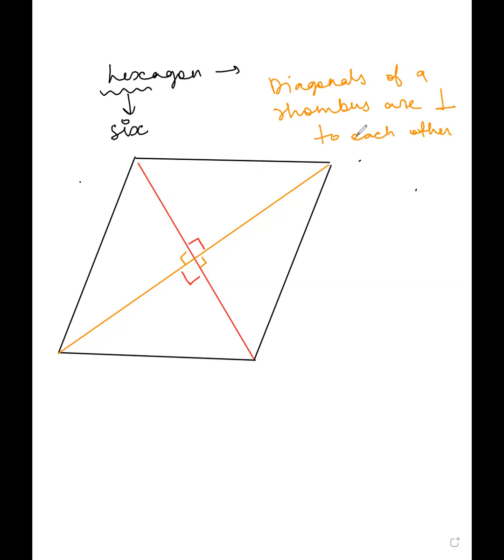Just give me a sec, Hiba. And not just perpendicular to each other. Can you tell me how they're perpendicular to each other? See, whenever you form a proper rhombus, make the diagonals. Let me show you the image of any rhombus.